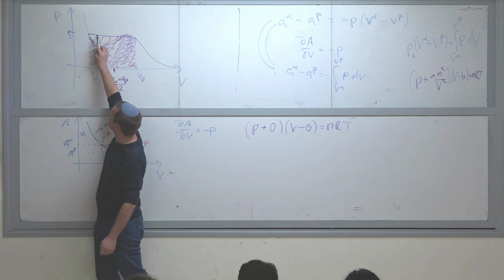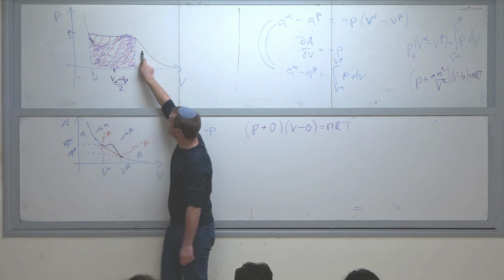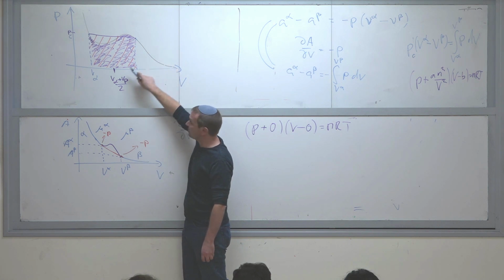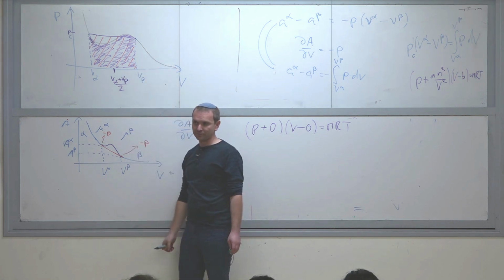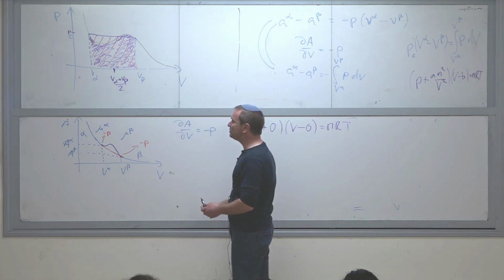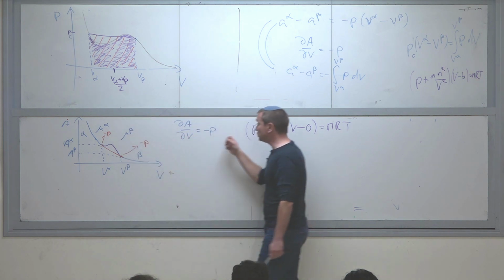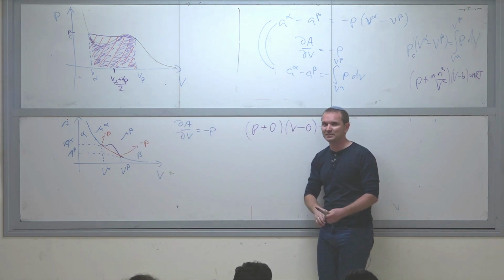It can be either in this phase, then its volume is below V alpha, or it can be in this phase, and then its volume is above V beta. Anything in between does not exist.